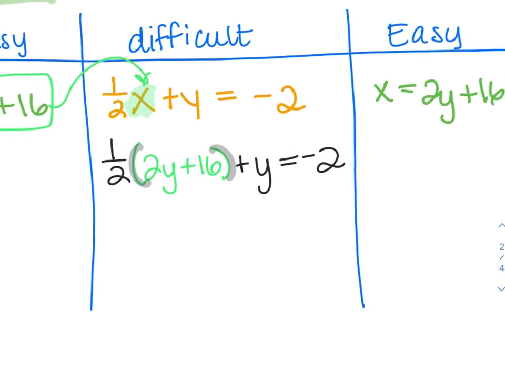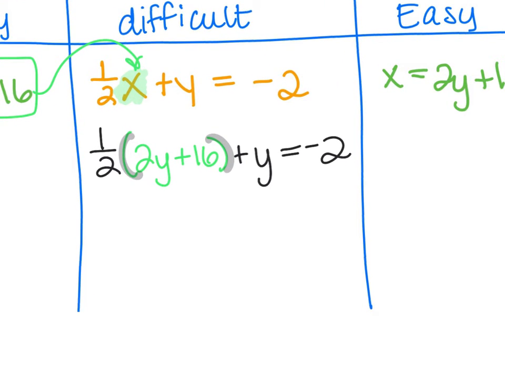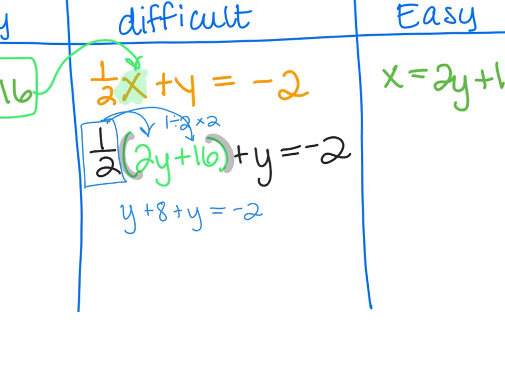Now from here, we solve it like we've solved in the past. The first thing we do is distribute. We're going to distribute the 1/2 to the 2. Now you have a calculator, so how you type that in is you go 1 divided by 2 times 2, and you should get 1. So that means it's 1y, 1/2 times 16, again type that in, should get 8 plus y equals -2.